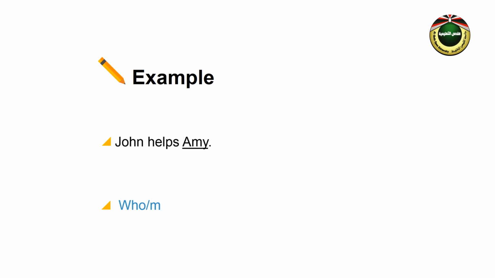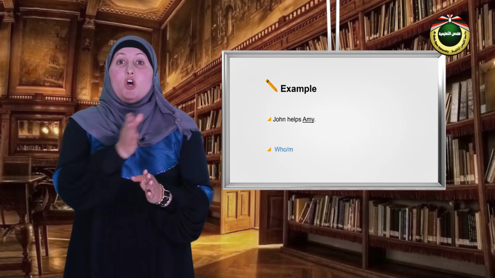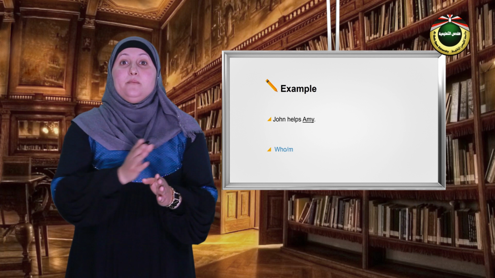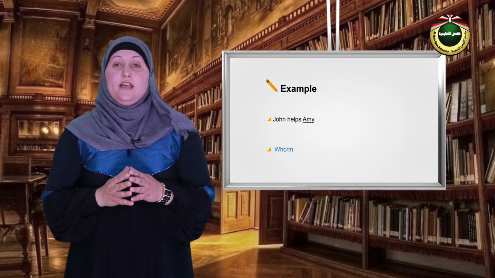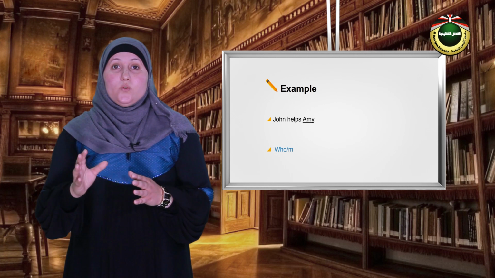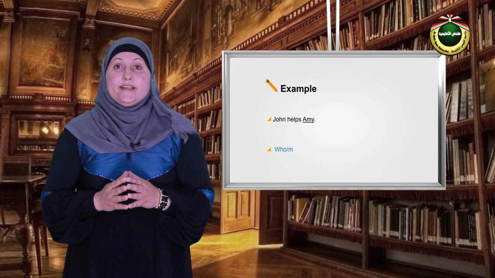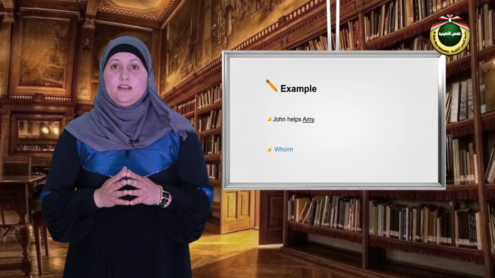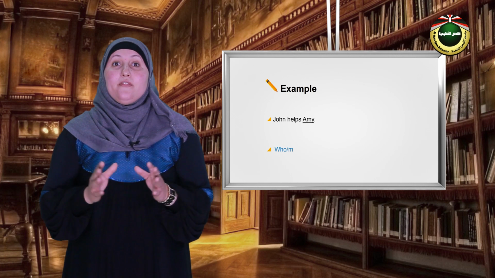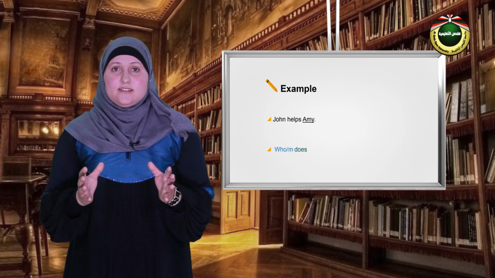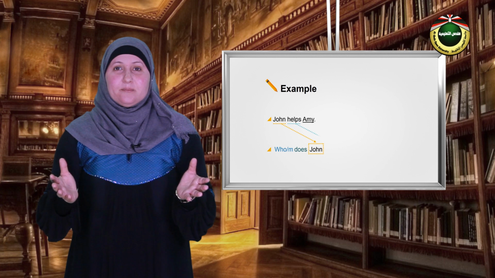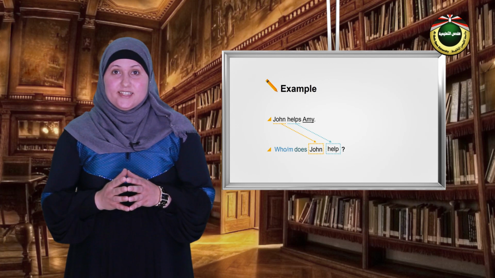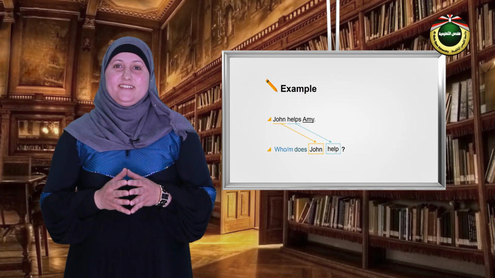So, John helps Amy. Put who at the beginning because we ask about a person. The subject is John and the verb is helps, a present simple verb that needs does. Who does John help? The answer is Amy.